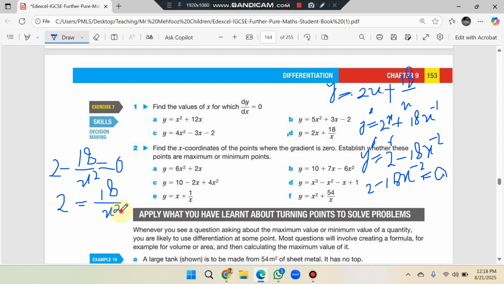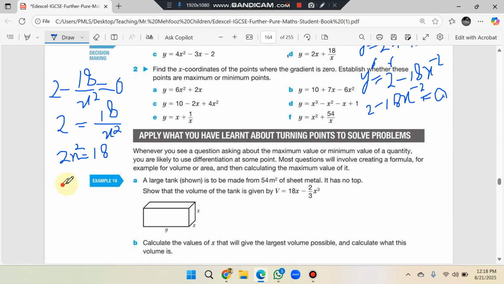This x square goes to the left side and multiplies by 2, so it becomes 2x square is equal to 18. When we simplify it, x square is equal to 18 over 2, and x square is equal to 9. When we take the square root on both sides, x is equal to plus or minus 3.